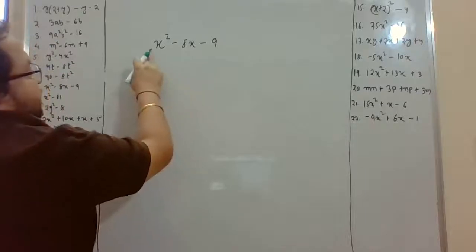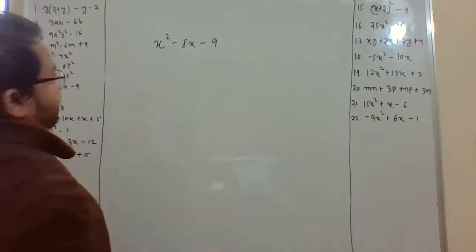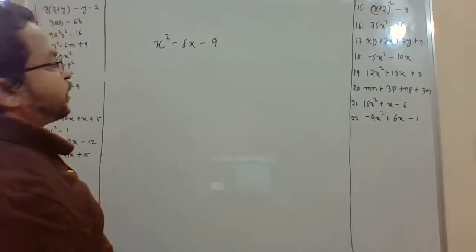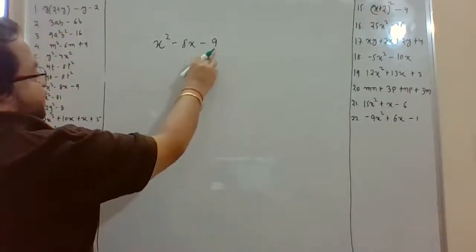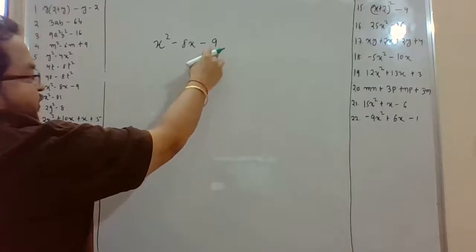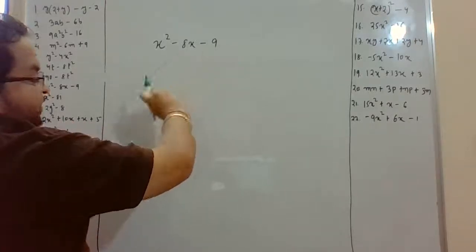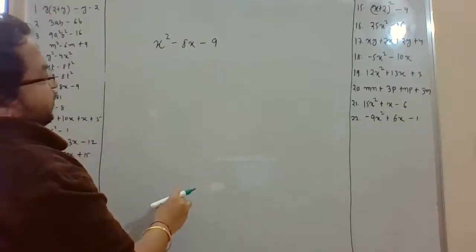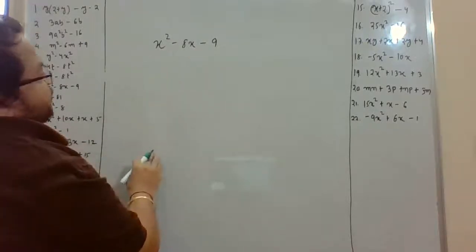Next, it looks like a quadratic trinomial. So let me see, can I express it as a sum and product of two things? The last term is minus 9, which means the signs of the two numbers will be different. The product will be minus 9 and the sum will be minus 8.